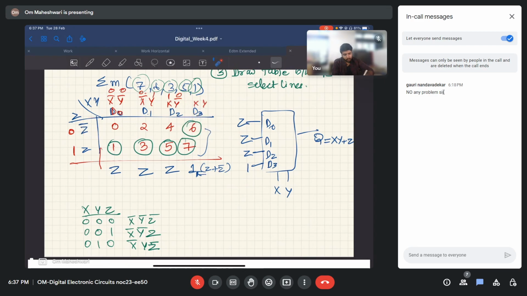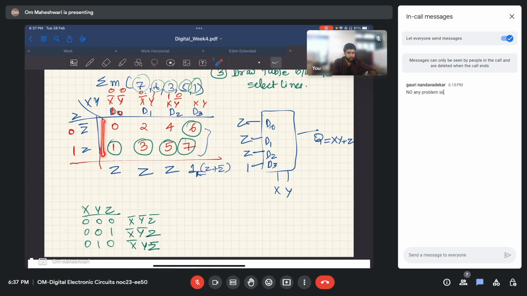And this side, X bar, Y bar, Z is 0, 0, 1, that is 1. X bar, Y, Z is 0, 1, 1, that is 3. X, Y bar, Z is 1, 0, 1, that is 5. And X, Y, Z is 1, 1, 1, that is 7.